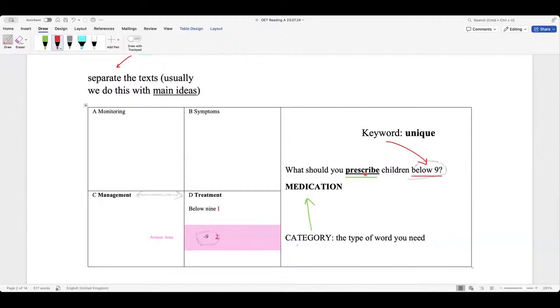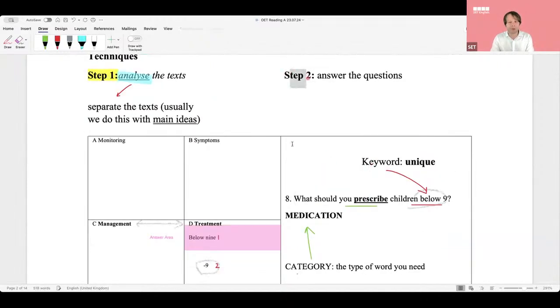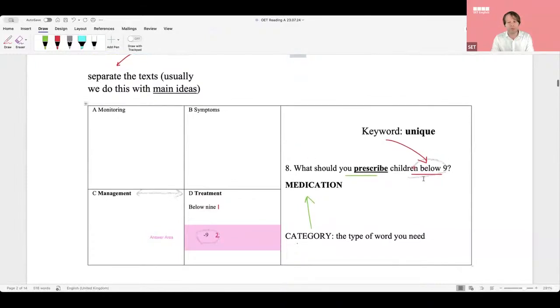Yes. Okay. Now, guys, tomorrow I'm going to talk more about this, but just to be clear what's happening here, you're in the exam, okay? You come, you see the question 8, okay? This is step 2. What's the first thing you do? Everyone, first thing you do is you find the keyword.